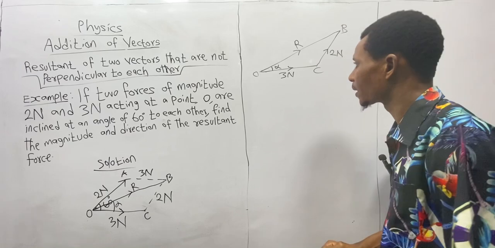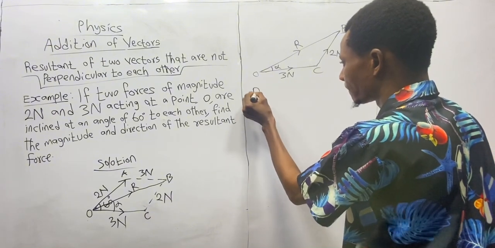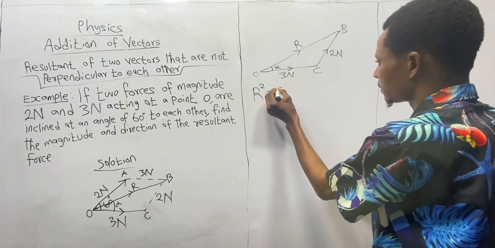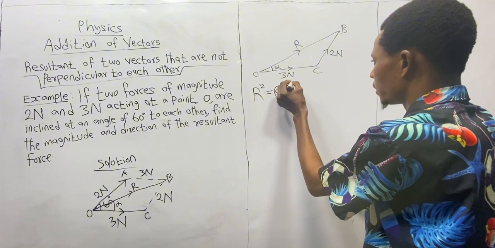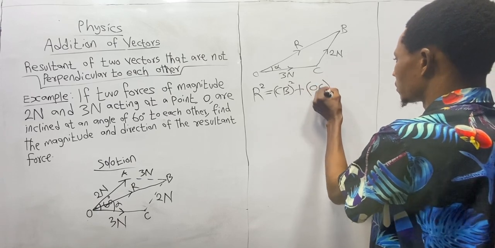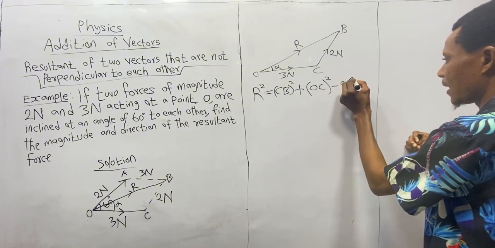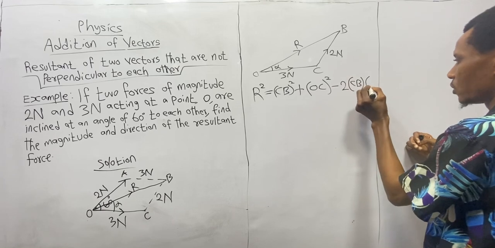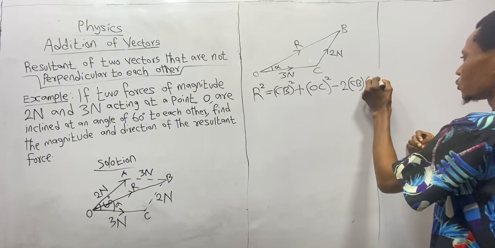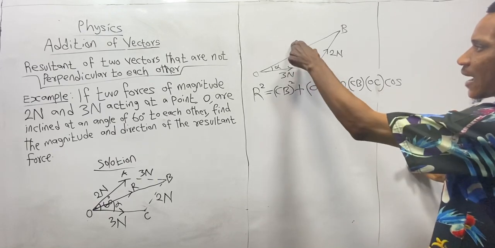The cosine rule says that the square of the side that you are looking for, which is arrow, so the square of arrow equals the square of one of the other sides, let's say CB squared, plus the square of the last side, OC squared, minus 2 times one of the sides, CB, times the other side, OC, cos the angle that is facing the side that you are looking for.